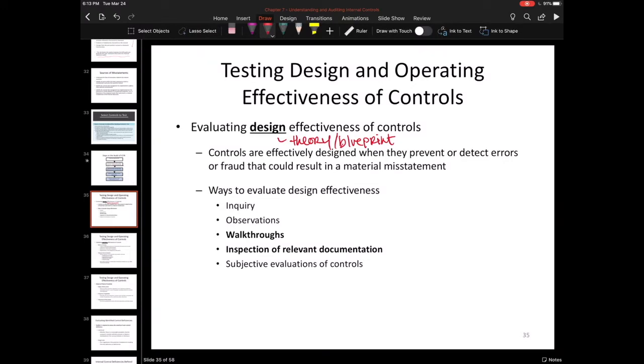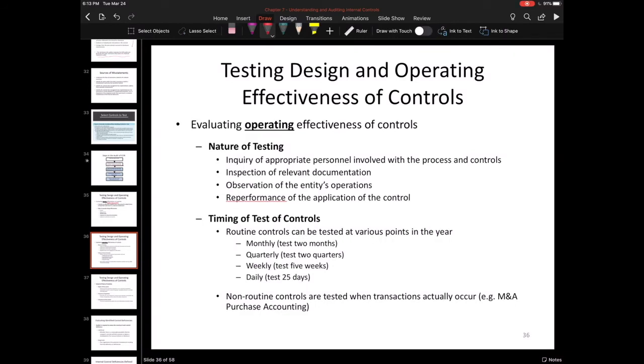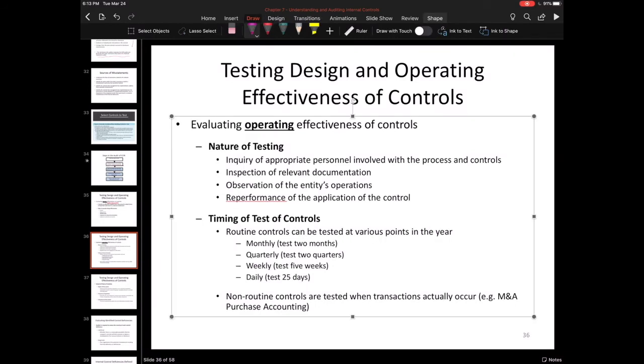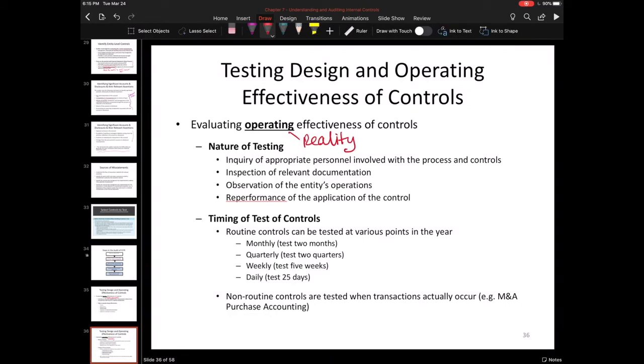Operating effectiveness, on the other hand, is all about reality. So it's all about whether the control is working in real life. So this assumes the control is designed effectively or written effectively, and it's all about whether it's actually operating the way it's meant to or supposed to. So with my whole purchase control, where two people are supposed to authorize every purchase, is that actually happening?